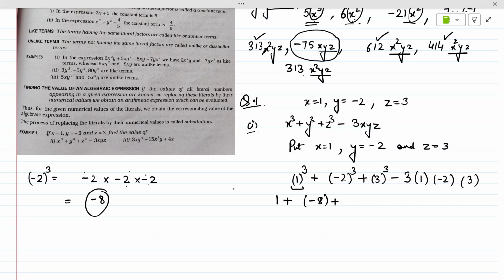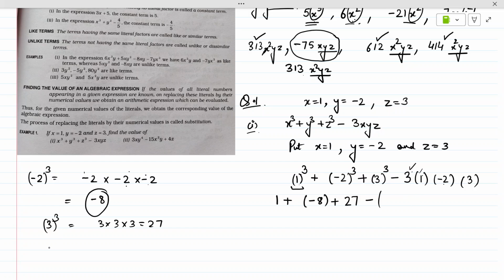Then 3 cube. So 3 cube will be 3 into 3 into 3. That is 27, right? So 27 here. Straight away this will be in plus. And now let us do this. I'm keeping this minus here, and now I'm putting a bracket and multiplying this. We have 3 into 1, which becomes 3, and then into minus 2, minus 6, and into 3, minus 6 into 3 is minus 18.